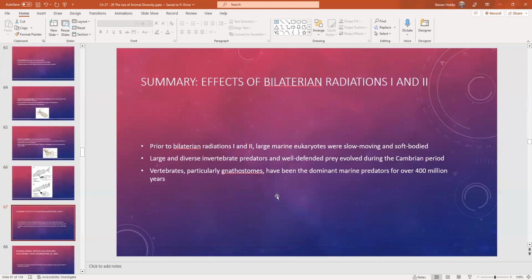So we see these effects of the bilaterian radiations 1 and 2 that I've just mentioned. Large marine eukaryotes were very slow-moving and soft-bodied prior to the radiation, but afterwards we start seeing the vertebrates, the gnathostomes, becoming the dominant marine predators for over 400 million years, with very well-defined predator-prey relationships, and so on.